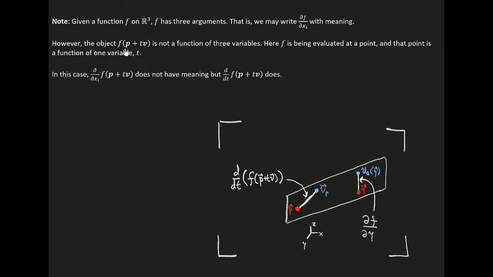However, the object f of p plus tv is not a function of 3 variables. Here, f is being evaluated at a point, and that point is a function of 1 variable t. So suppose we just chose a particular value of t, say 7. So we have a point p plus 7v, and then we evaluate f at that point, then that gives us a number.